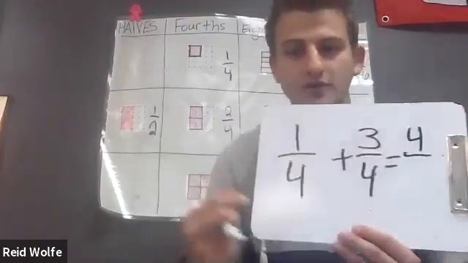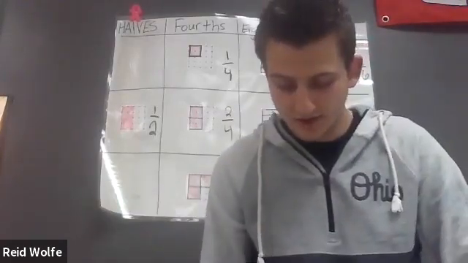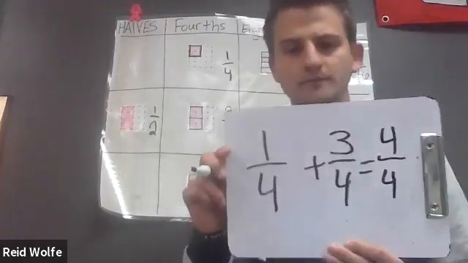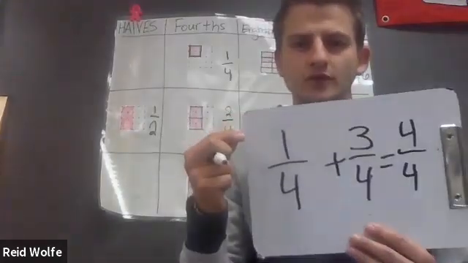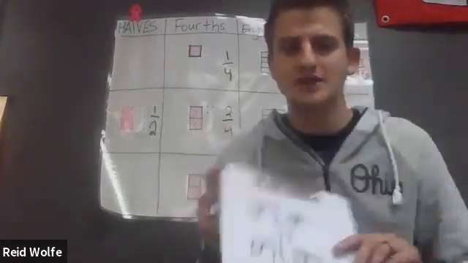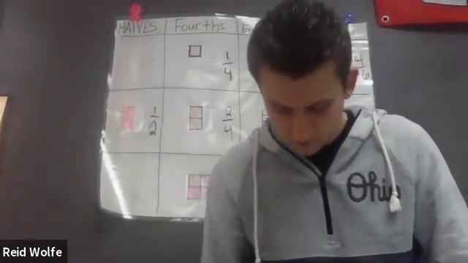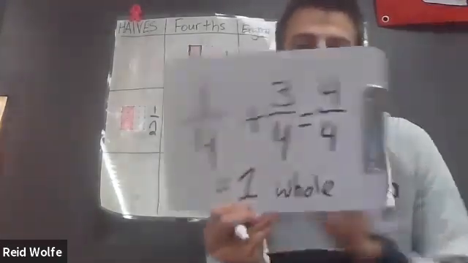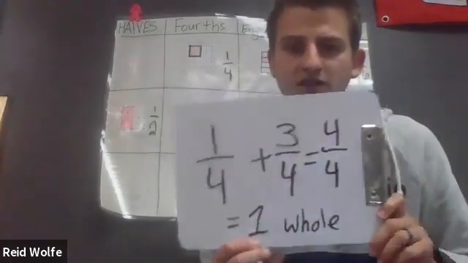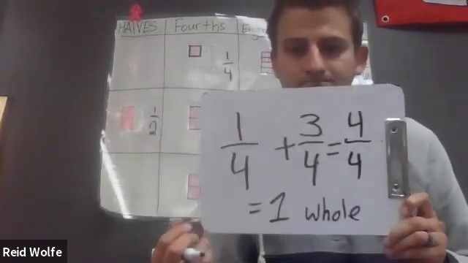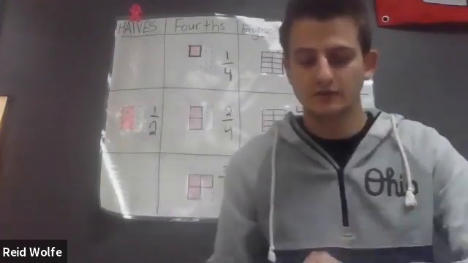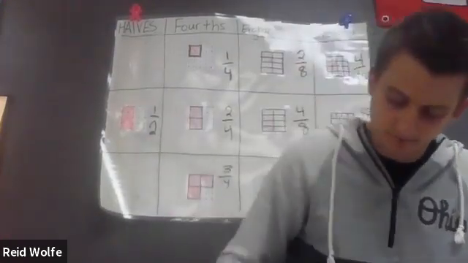You just leave it alone and copy it straight over. So I would have 4 out of 4. 4 sections are filled in out of 4 sections, which actually is equal to 1 whole. That whole grid would be filled in.